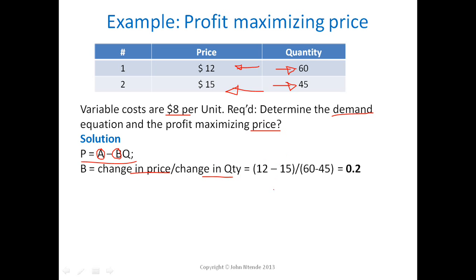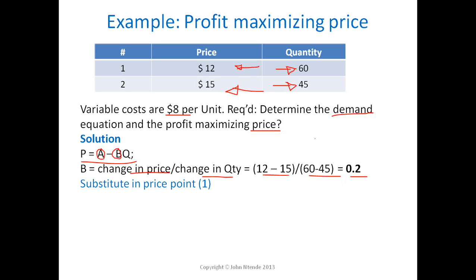If we look at the information given above, the change in price will be 12 minus 15 divided by 30 minus 45 to give you 0.2. Please, at this point, just ignore the negative sign. Don't include the sign because we've already catered for it in the demand equation. So B is 0.2. So our challenge is now to find A.